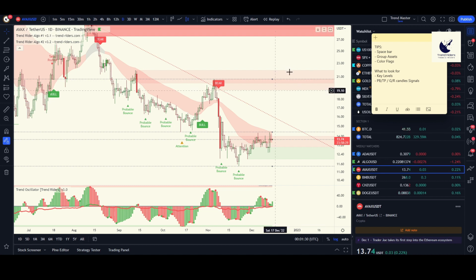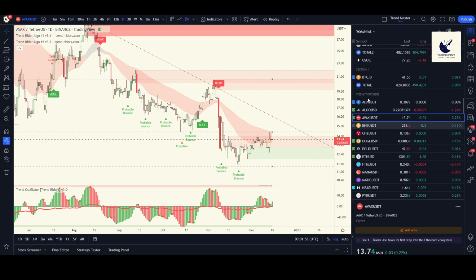We take a look if we are in a key level zone, and if we are in the key level, if there is a bounce signal, a take profit signal, or a colored candle there, that is convergence for a trade to go in the same direction. And finally, we take a look at the money flow. If money flow is increasing and about to flip, then we pay a lot of attention, because this could be a probable trend shift for the mid-long term.